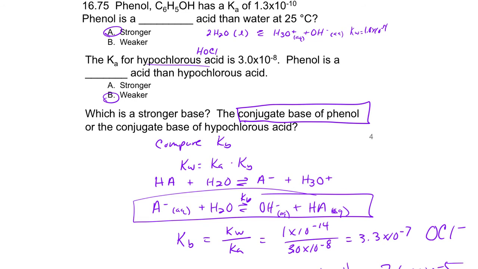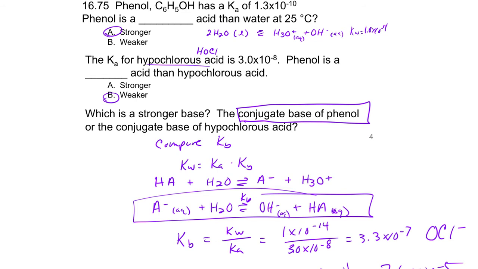The smaller Ka is going to have a stronger conjugate base. It's just because of the way that mathematically works out, right? And so really you could take a look at Ka values and be able to predict the strength of the base for basically the reverse reaction. Okay?